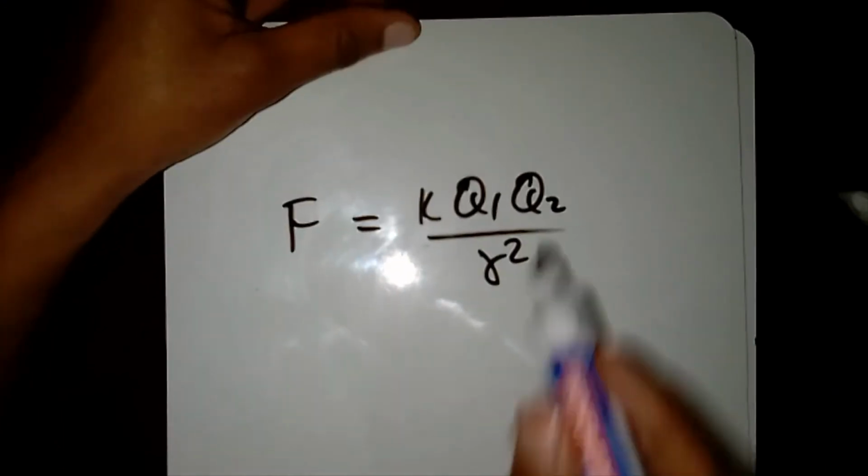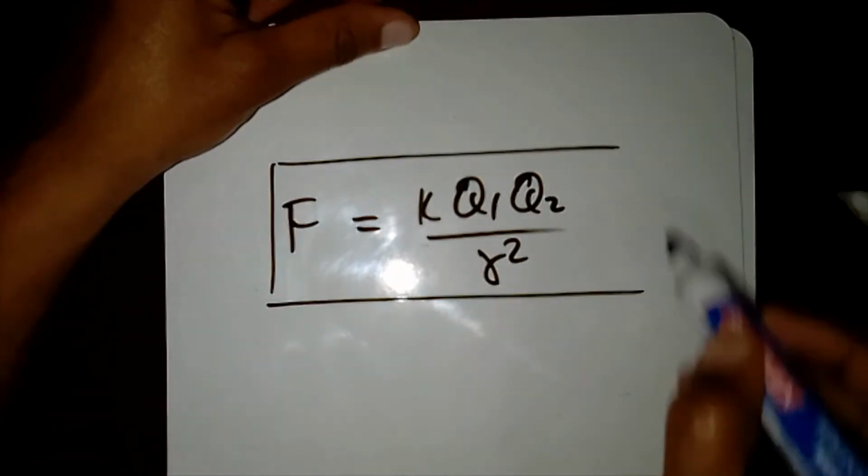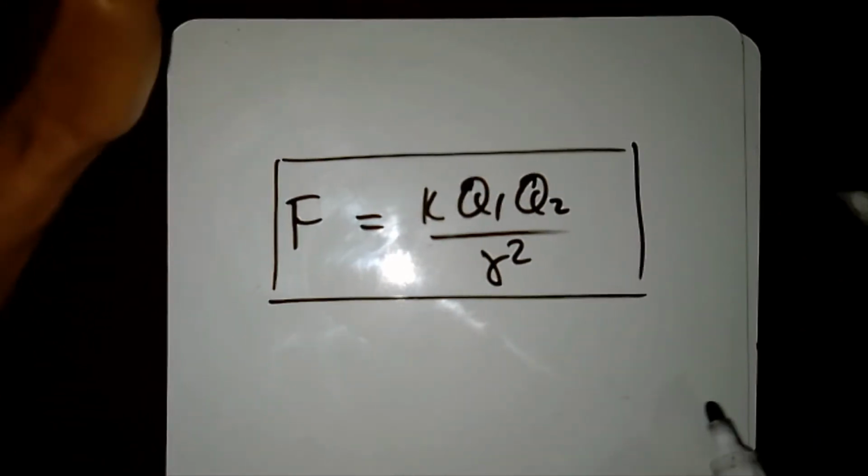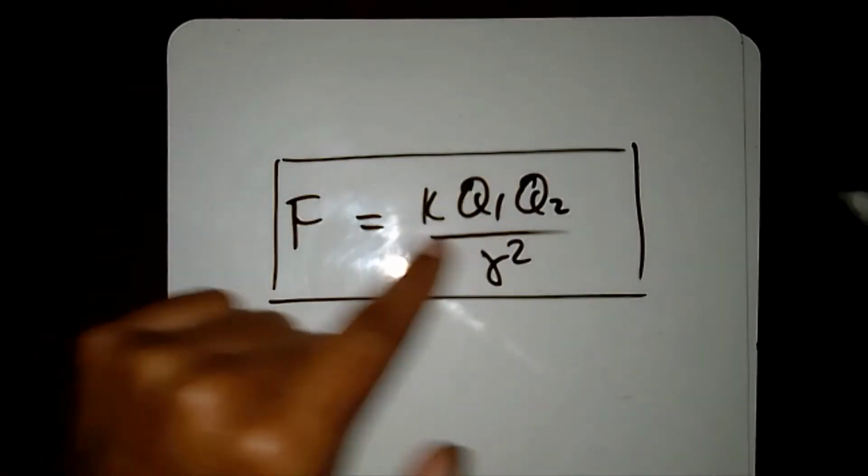So this is Coulomb's law in symbols. This is what it is saying. So let us now define what each of these things mean.